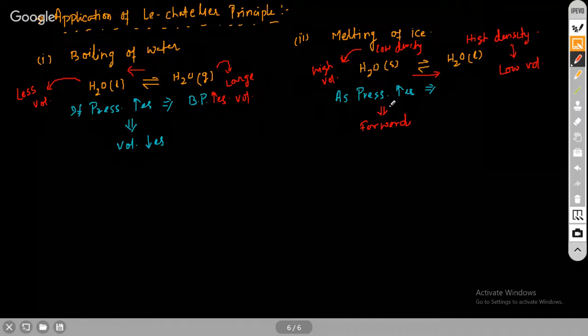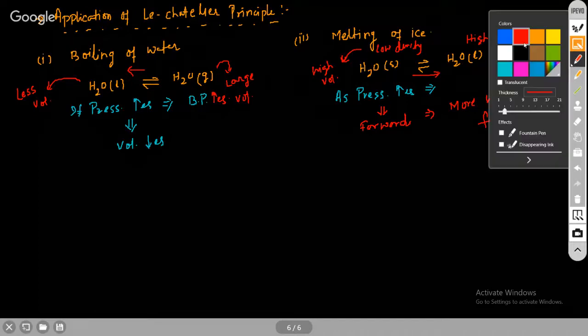Freezing point decreases, right? So when the pressure is increasing, the reaction goes forward and more water forms. This is the special case of ice, correct?